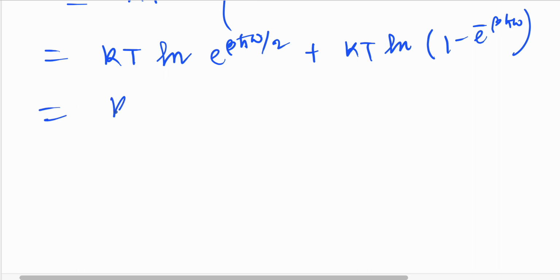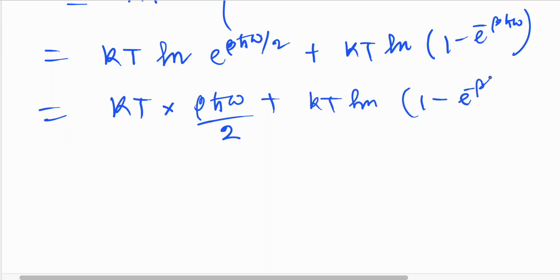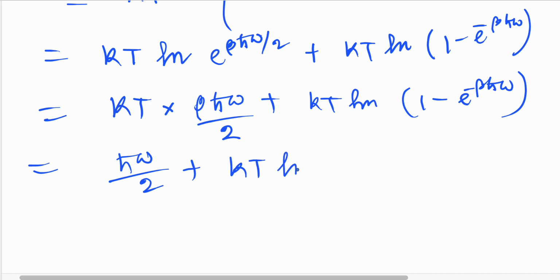Now it is kT into beta h cut omega by 2 plus kT ln of 1 minus e to the power minus beta h cut omega.